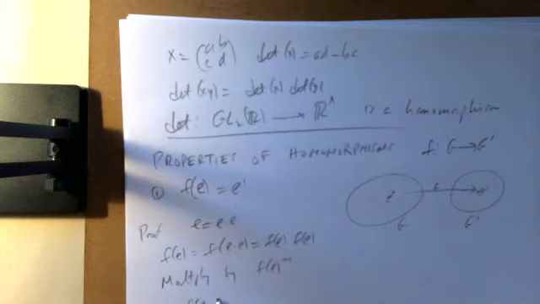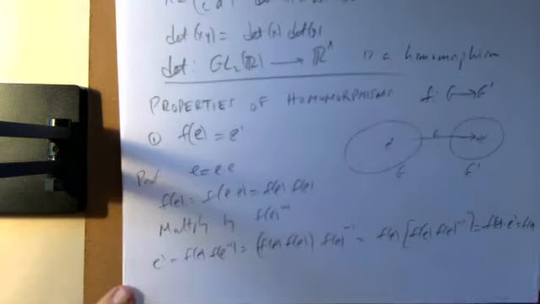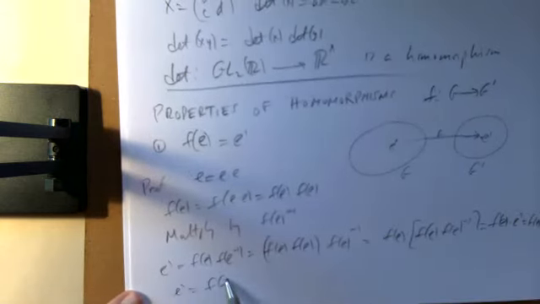So I get f of e times f of e inverse is f of e times f of e times f of e inverse. And by associativity, this is f of e times f of e inverse. This is the identity, an element times its inverse, which is f of e. And here, f of e times f of e inverse, of course, is the identity. So what I have is e prime equals f of e. End of proof.